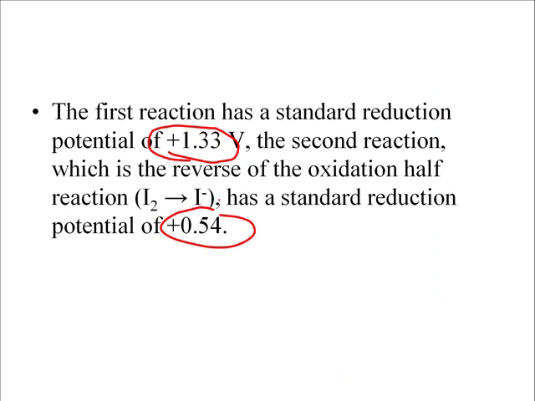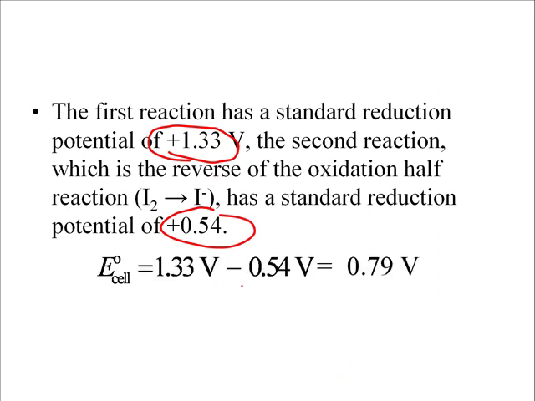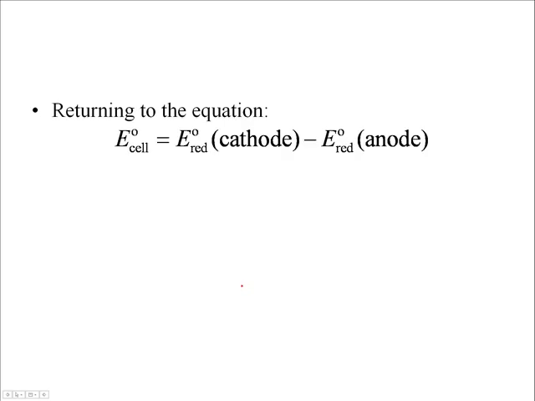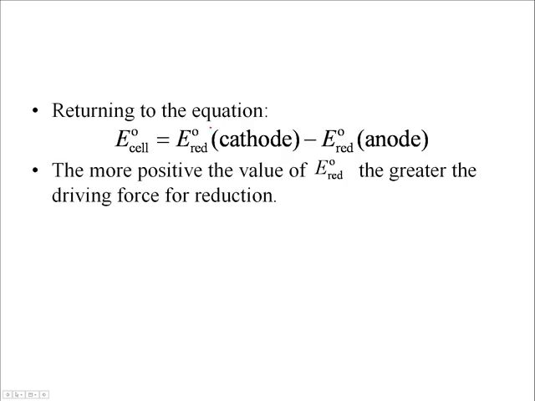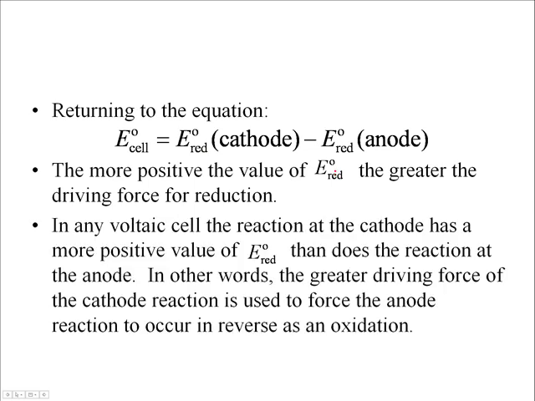Okay, so we have our two values. We put that into our standard cell potential equation, and we get a value of 0.79 volts. Now when we look at our equation here, the more positive the value of the standard reduction potential, the greater the driving force for reduction.